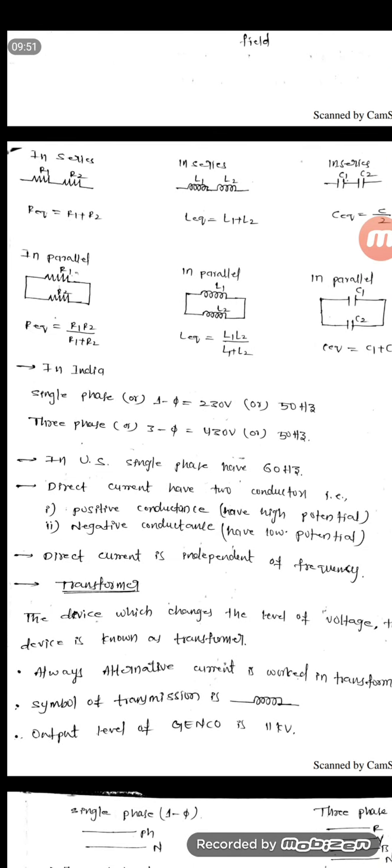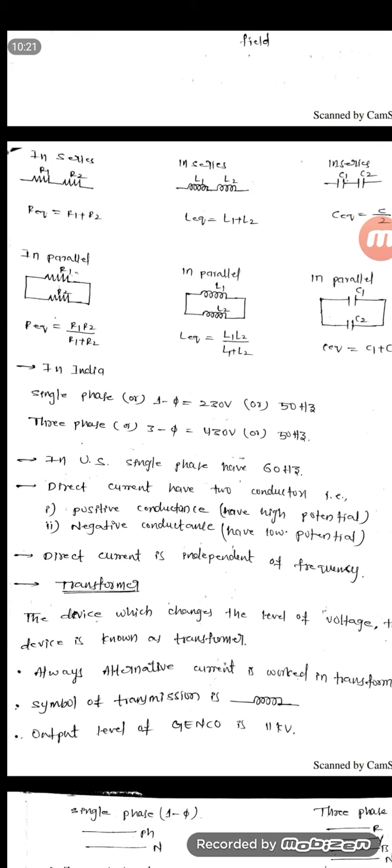The AC supply is of two types, single phase and three phase. What is the rating of single phase voltage? It is equal to 230 volts. In our home appliances, if you observe a tube light or fan, the voltage is 230 volts with a constant 50 hertz supply.